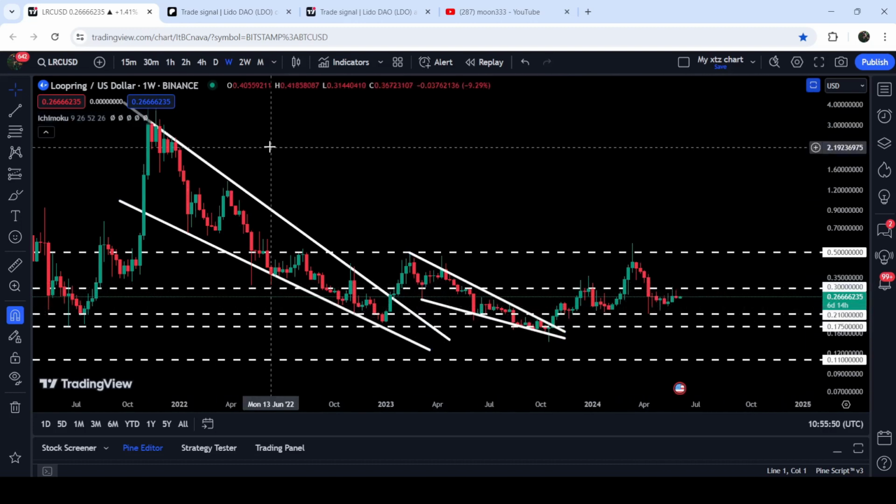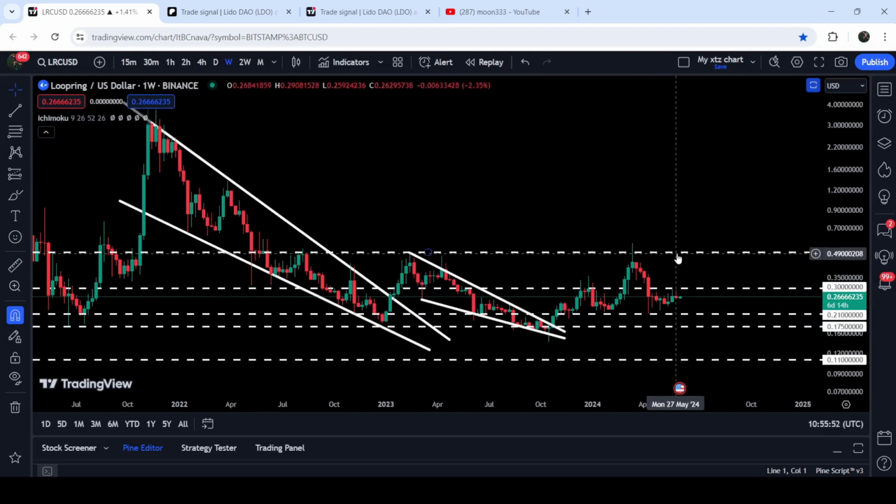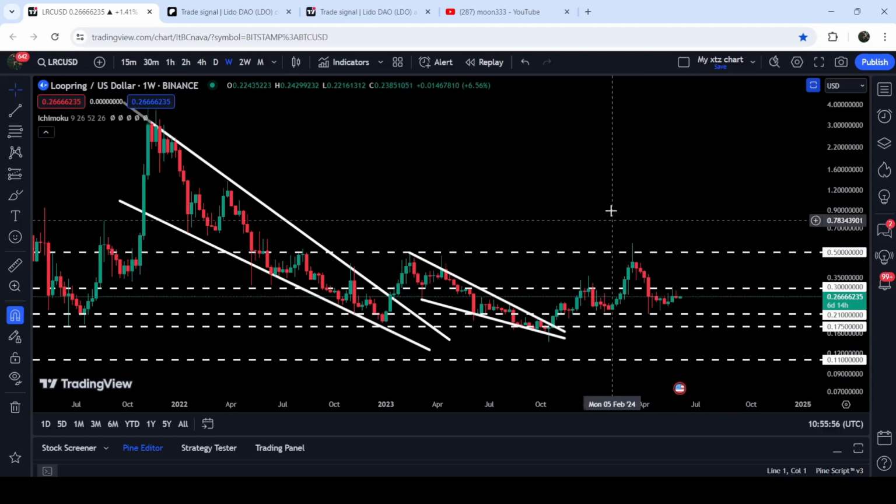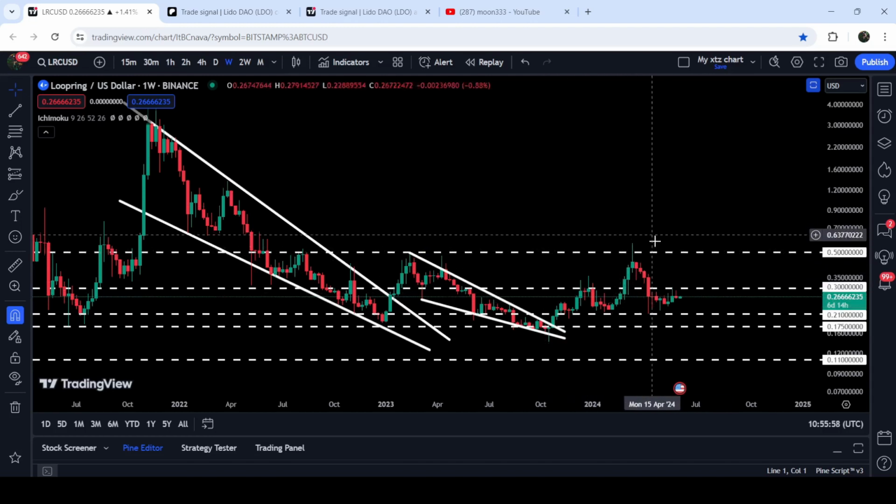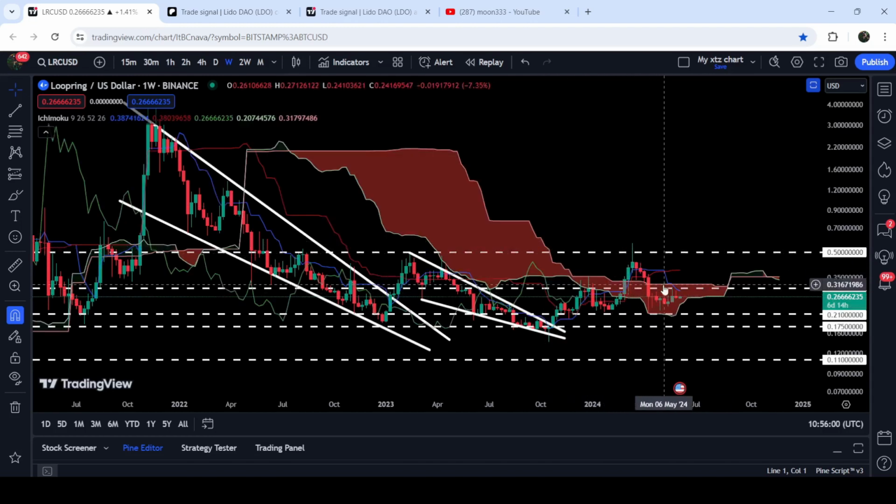At the same time, it is also retesting the previous resistance of the Ichimoku bearish cloud as a support. You can see that the price line after the breakout got rejected by this 50 cents resistance and moved down. And here you can see that it tested the lower bands of the Ichimoku bearish cloud as a support. Now the upper bands of the Ichimoku bearish cloud can again work as a resistance for the price line.